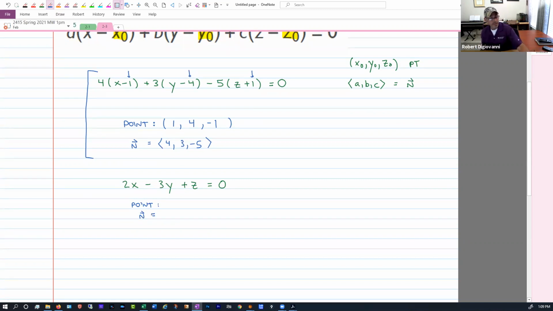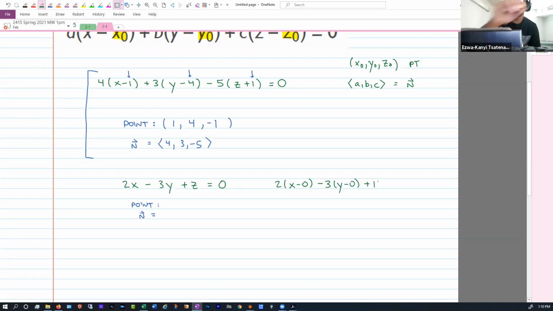I'll give you a hint. I could rewrite this as 2(x minus 0) minus 3(y minus 0) plus 1(z minus 0) equals 0. Do y'all agree that that's the same thing? Yeah. Okay, so if I write it that way, then what's a point that's on this plane?